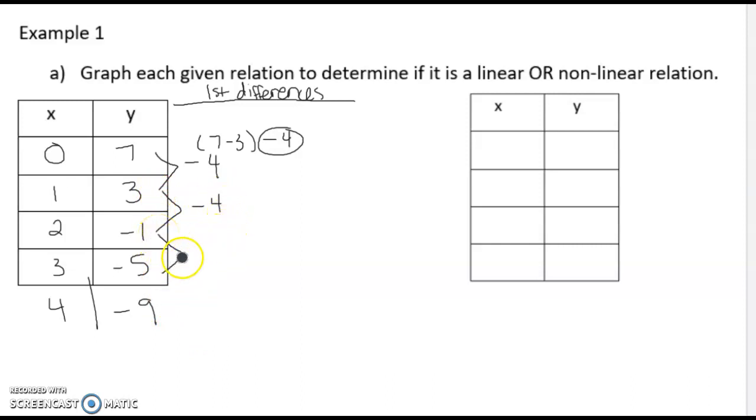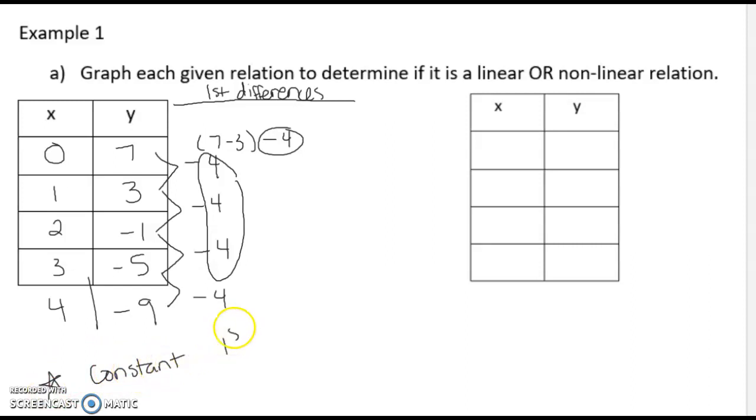To go from -1 to -5, we had to go down by 4. So what do we notice about all these? Oh, sorry, one more. -5 to -9, you went down by 4. Okay, so these are constant first differences.